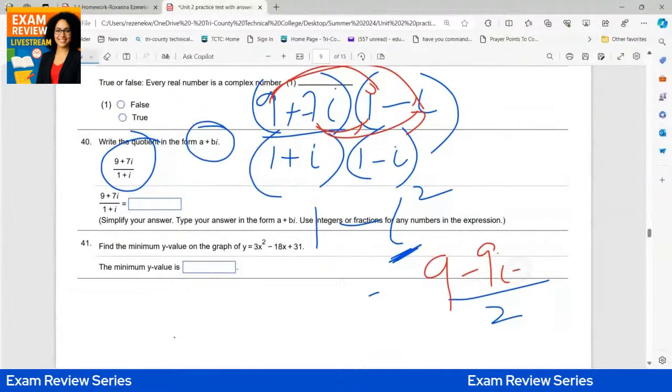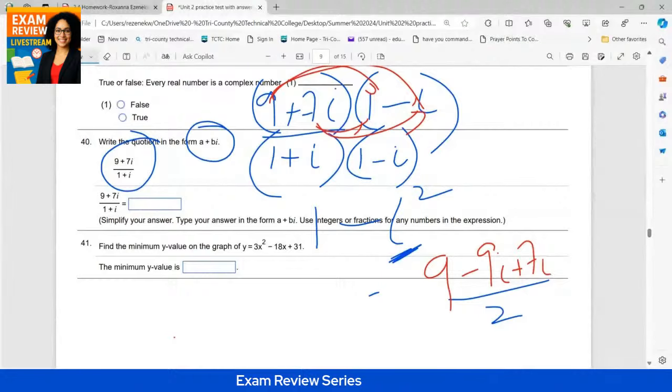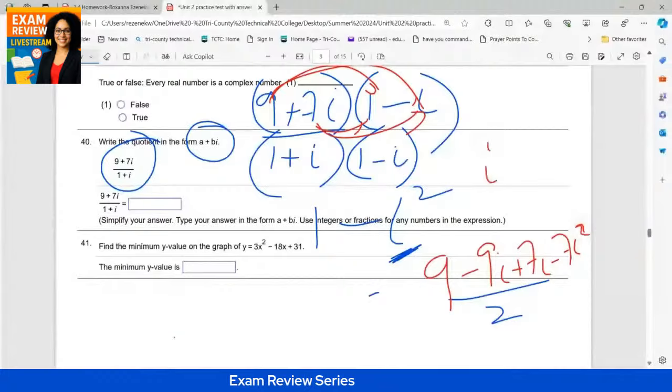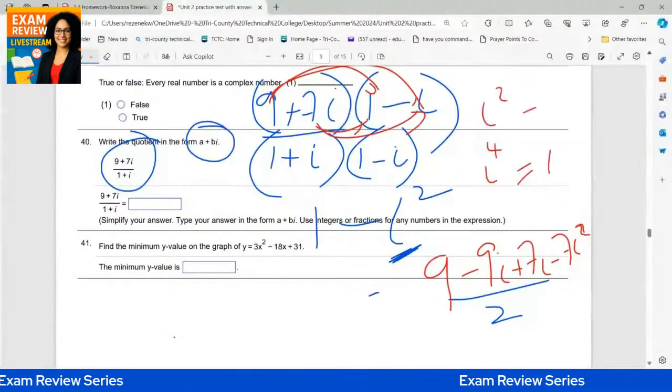That's plus. 7i multiply negative i is negative 7i squared. One thing we do know is that whenever we see i squared, it is -1. When we see i to the 4th, it is 1, we already know that. i to the 4th is 1, i squared is -1. So that's how we're going to use it here.